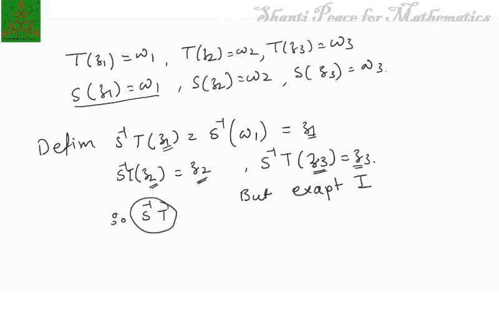That means this transformation S inverse of T has three distinct fixed points, which is not possible because only the identity map has more than two fixed points. So hence this S inverse of T has to be identity.